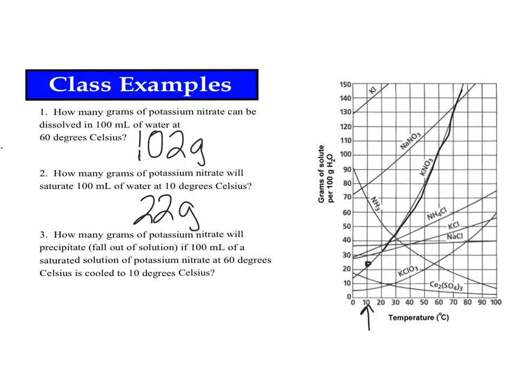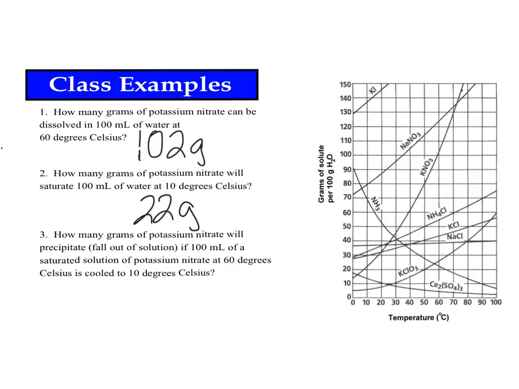Okay, so let's look at number 3. Number 3 makes you think about number 1 and number 2 together at the same time. How many grams of potassium nitrate will precipitate, fall out of solution, if I have a 100 ml solution that's saturated? First it's at 60 degrees, and then I cool it down to 10 degrees.